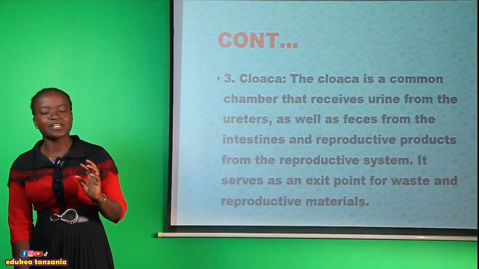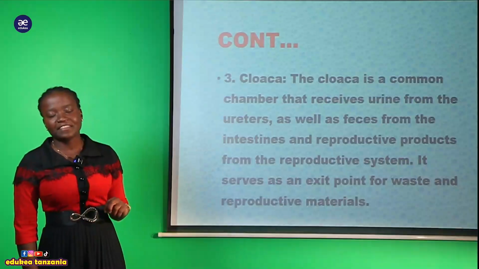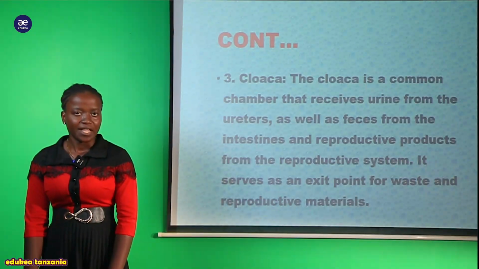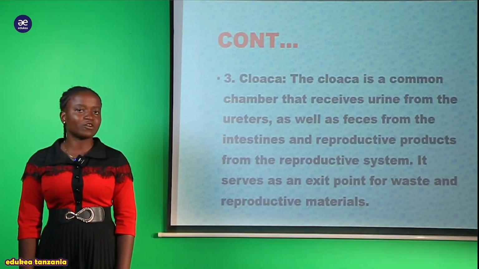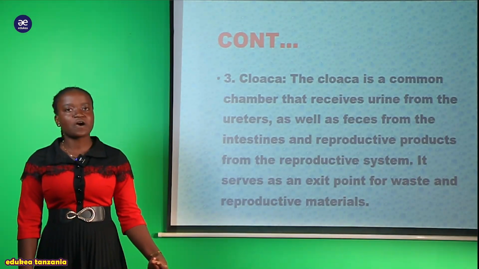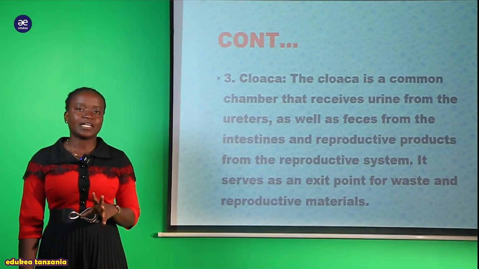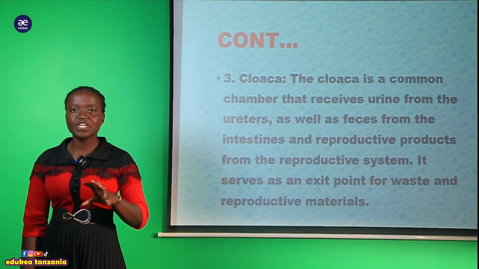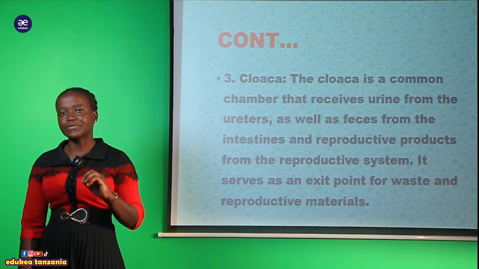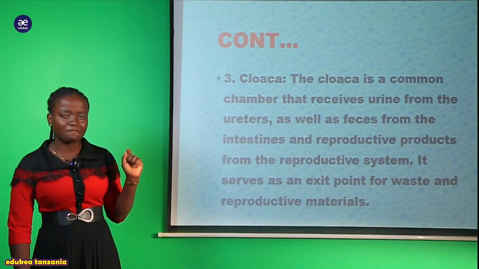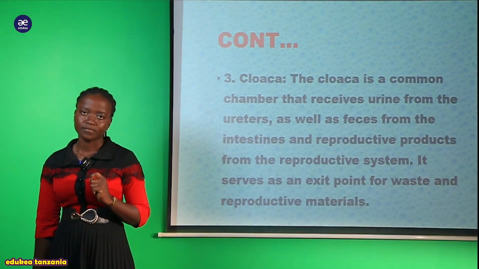That is reproductive material. What reproductive material is removed by the female frog? The reproductive material removed by the cloaca within the female frog is an egg. An egg exits through a structure called the cloaca, found within the female frog.